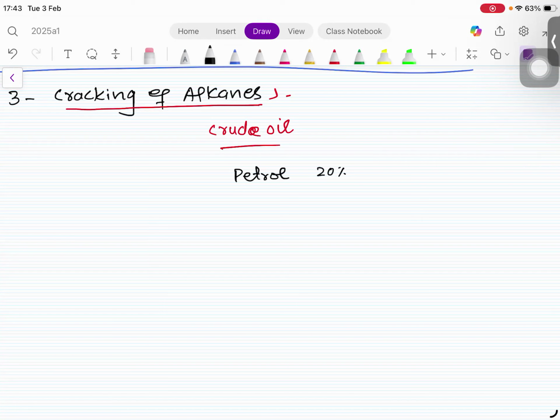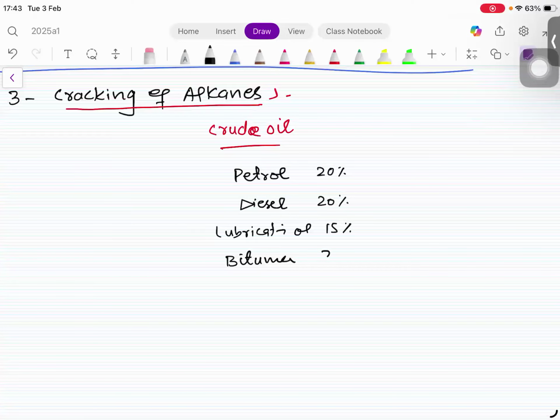And then I also got diesel that was also 20%, lubricating oil, let's say 15%, bitumen, let's say 20%, let's say petroleum gases are, for example, 15%. Petroleum gases means the one, and let's say we have kerosene oil.